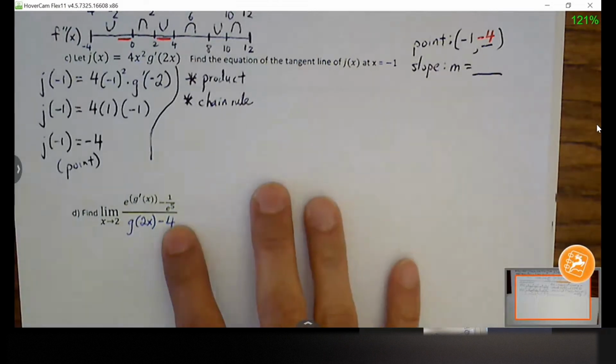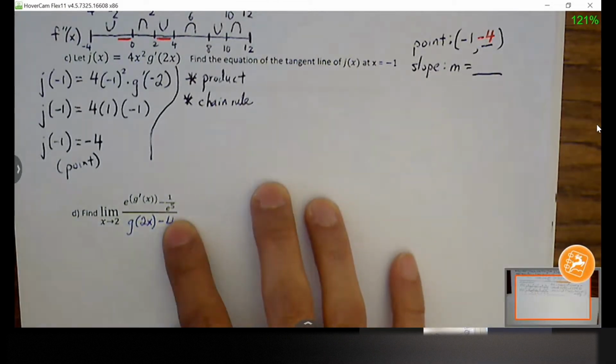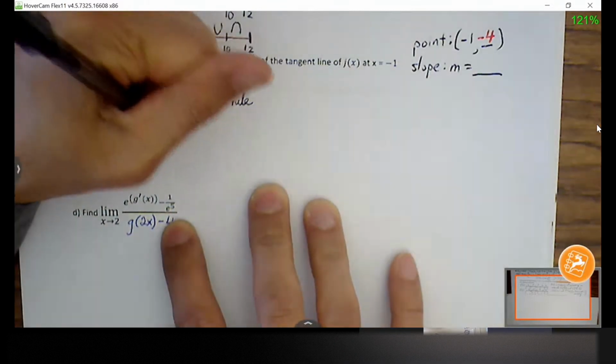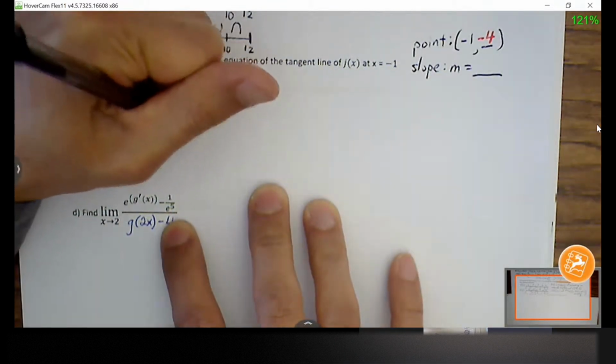Okay, so I'm going to write out j of x again and just label everything that I need to be doing here.